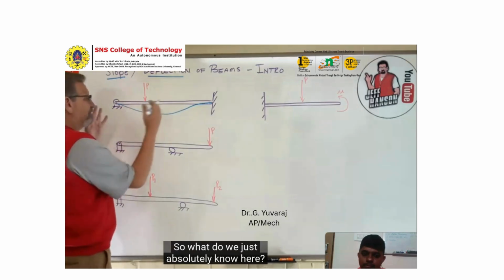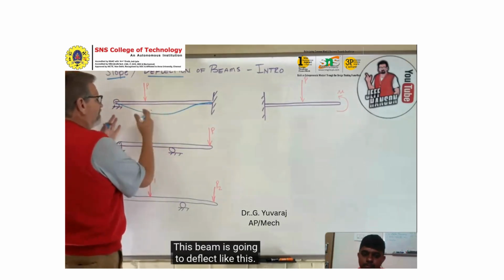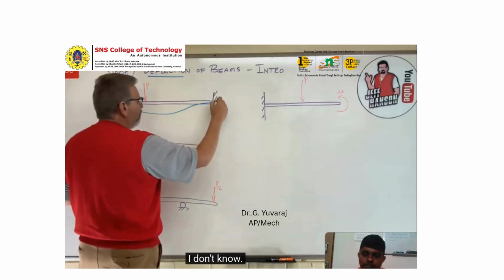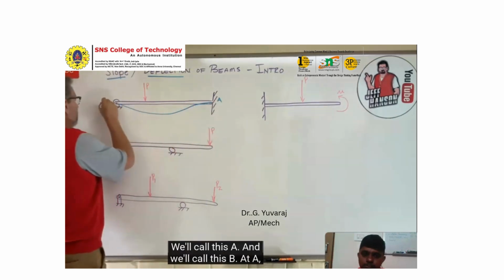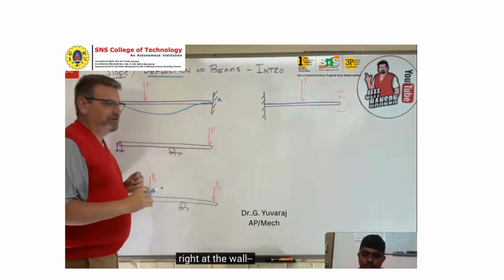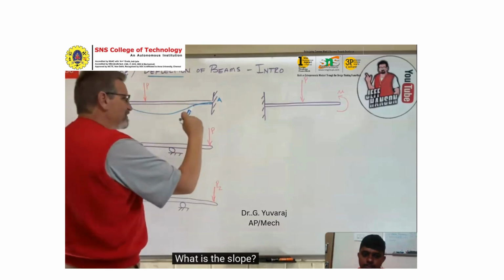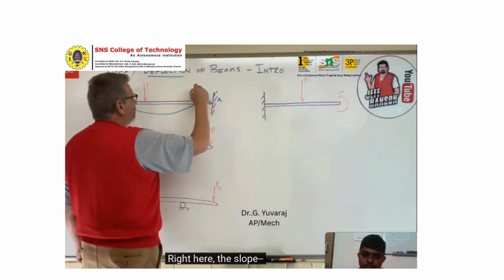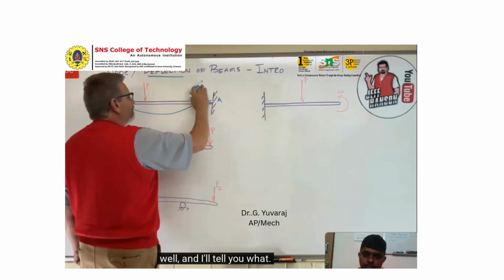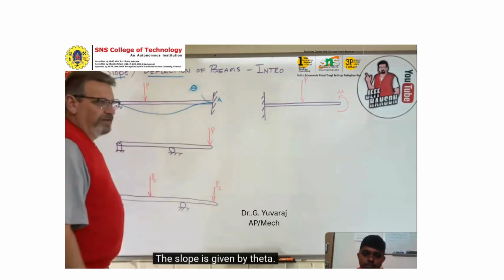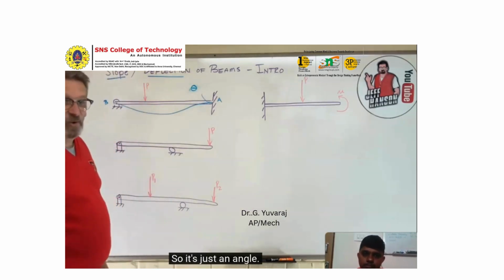So what do we absolutely know here? This beam's going to deflect like this. Here's what I know at this wall over here. We'll call this A, and we'll call this B. At A, right at the wall, remember, I was holding that. What is the slope right here? The slope is given by theta, so it's just an angle.